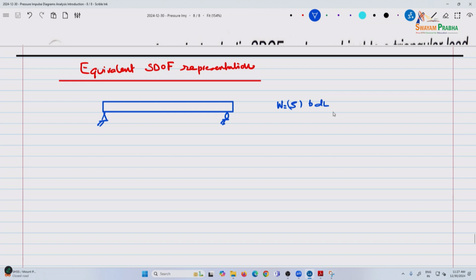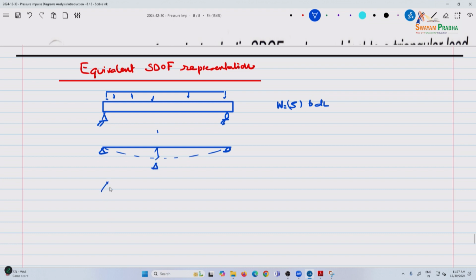And we just simply represent this as a line, especially if it has a distributed loading, and say this is the deflection.